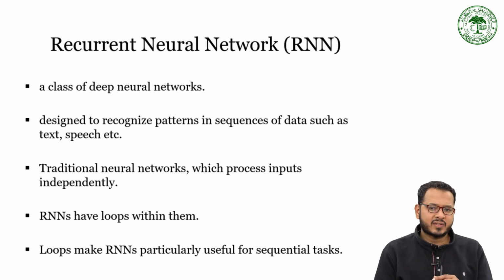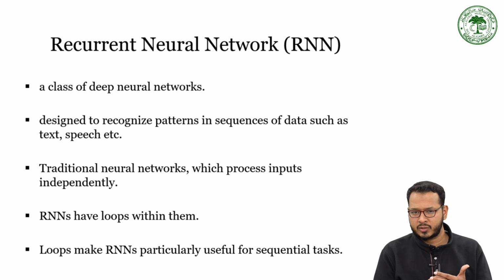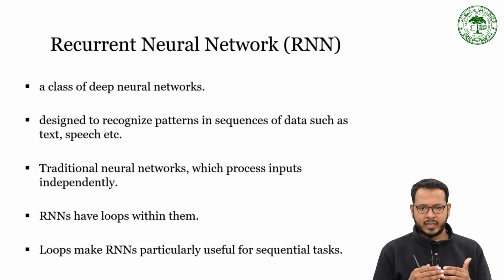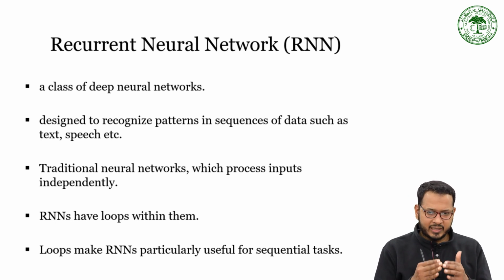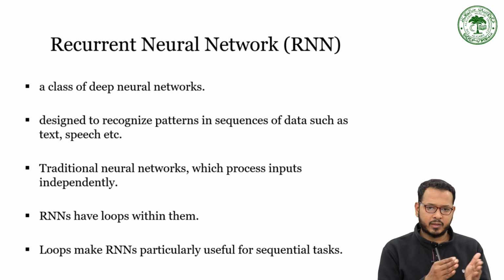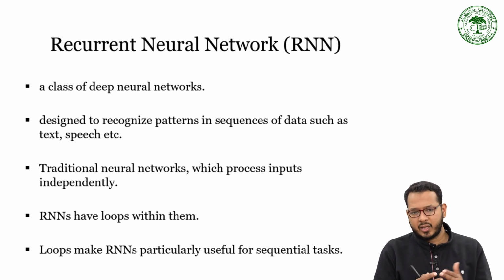This memory makes RNNs particularly useful for sequential tasks, because they can maintain information from the previous input for the time being and then supply it to the current input.